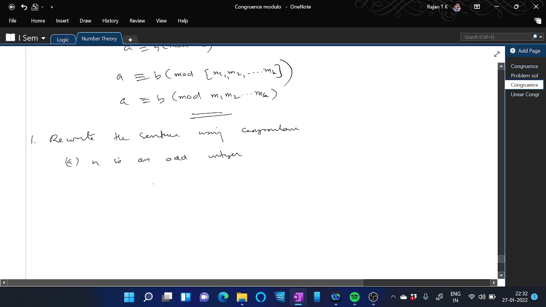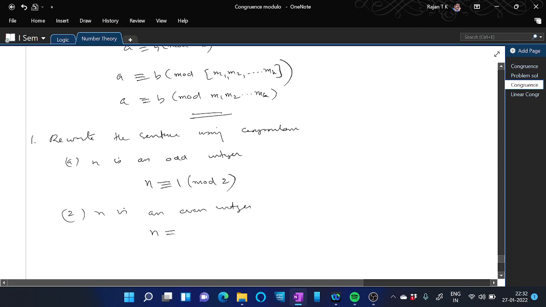So this can be written using congruence relation as n, that is the number, leaves the remainder 1 on dividing by 2. So we can write the sentence n is an odd integer as n congruent to 1 mod 2. Similarly, n is an even integer. We know an even integer is a multiple of 2, or it leaves the remainder 0 on division by 2.